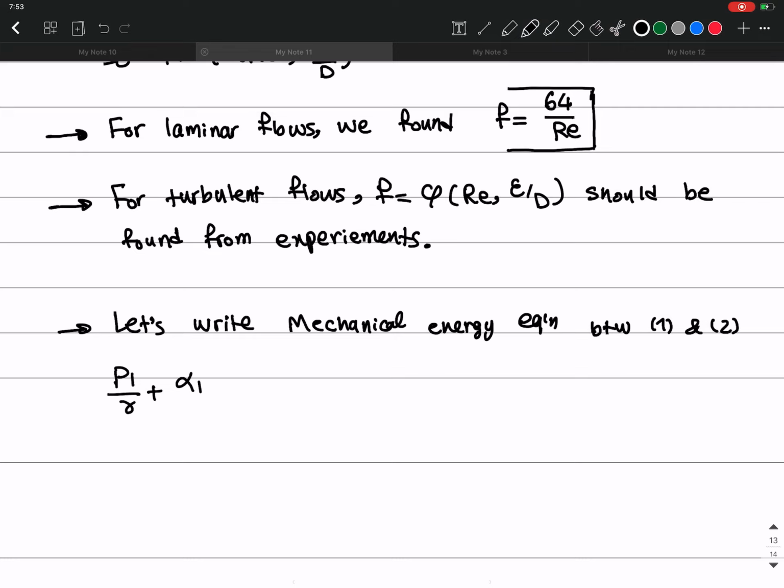So I just use this correction for velocity as alpha 1 times V1 squared over 2g plus Z1 equals P2 over gamma plus alpha 2 V2 squared over 2g plus Z2 plus hL, which is major losses.